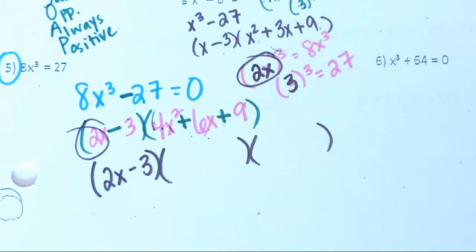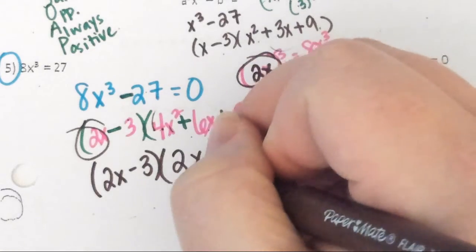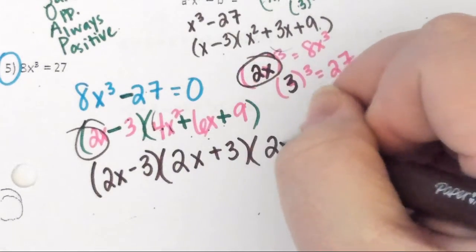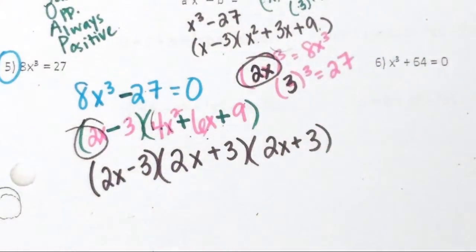You can. You're that good. Look at 4x squared plus 6x plus 9. Ignore the 6x. Tell me about 4 and 9. What are you supposed to know about 4 and 9? They're perfect squares. So are you surprised that I'm going to tell you it's 2x plus 3, 2x plus 3?